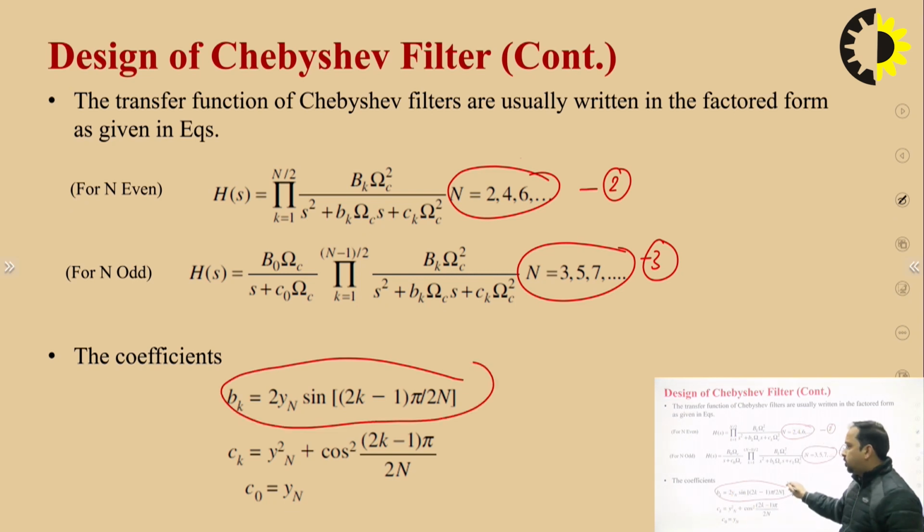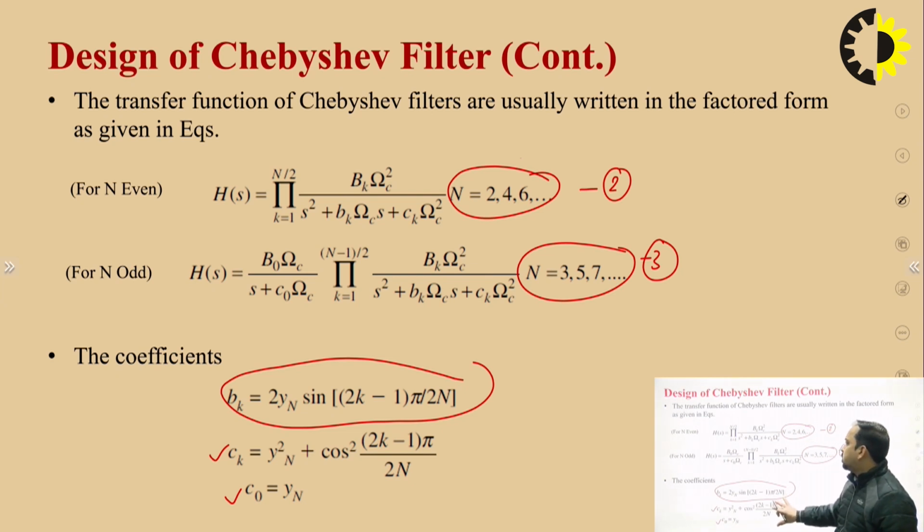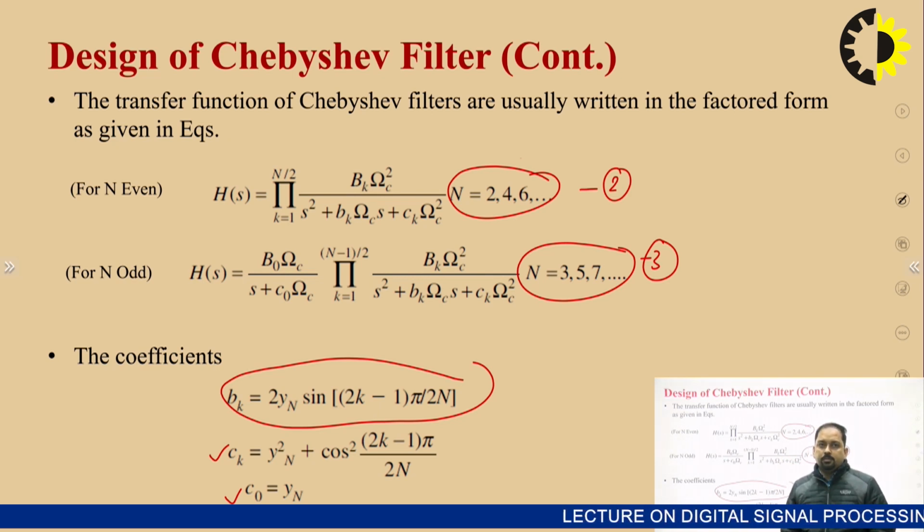Now this equation is quite the same as what we have already used in Butterworth designing: 2 times yn sin of (2k minus 1) pi divided by 2n. Also we have the equation for ck and c naught equals yn. So all these equations are very helpful in writing the overall transfer function of a Chebyshev filter.